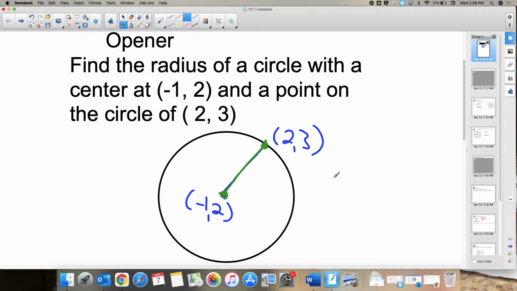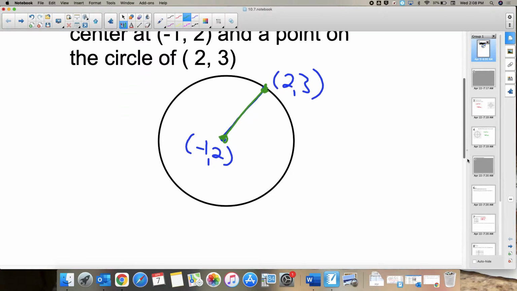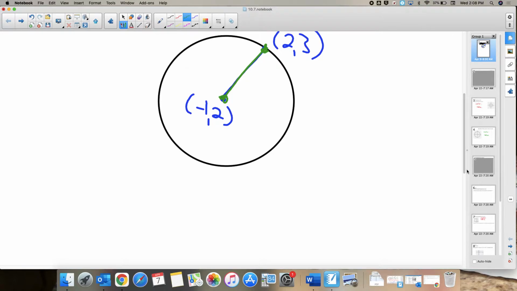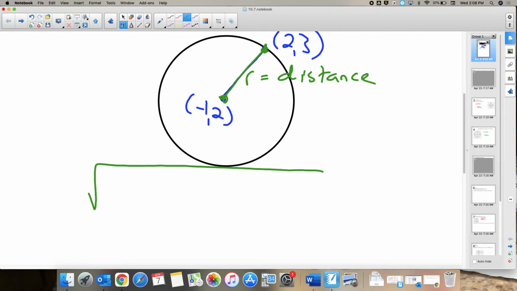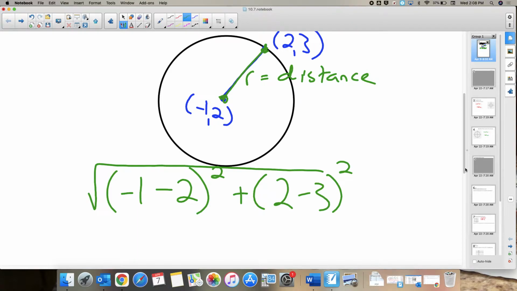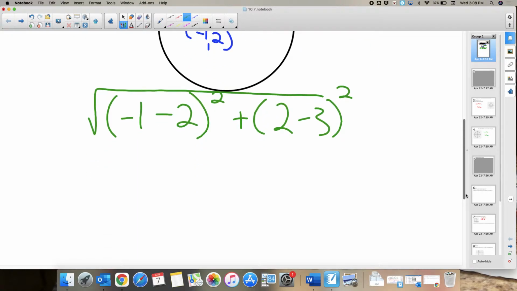As a quick reminder, if they give me the center and they give me a point on the circle as they do here, essentially all we are doing to find our radius is finding the distance between those 2 points. So that distance formula says you subtract your x's, so it's -1 minus 2 squared, plus, and then we're going to do the same thing with our y's, 2 minus 3 squared. -1 minus 2 is -3.